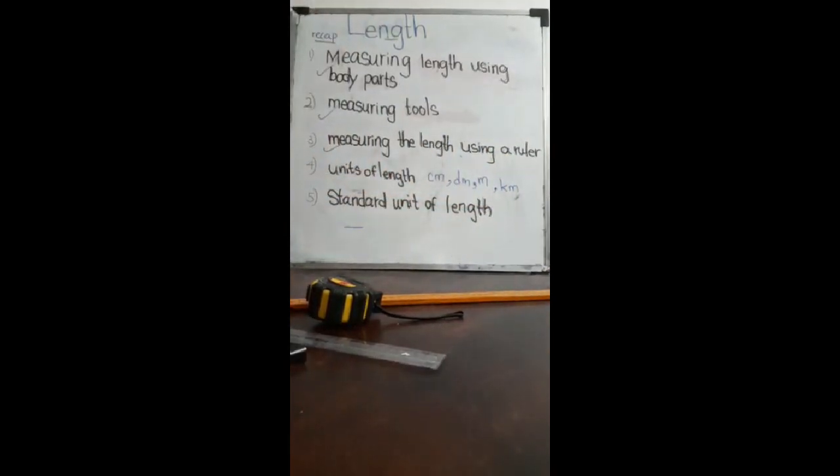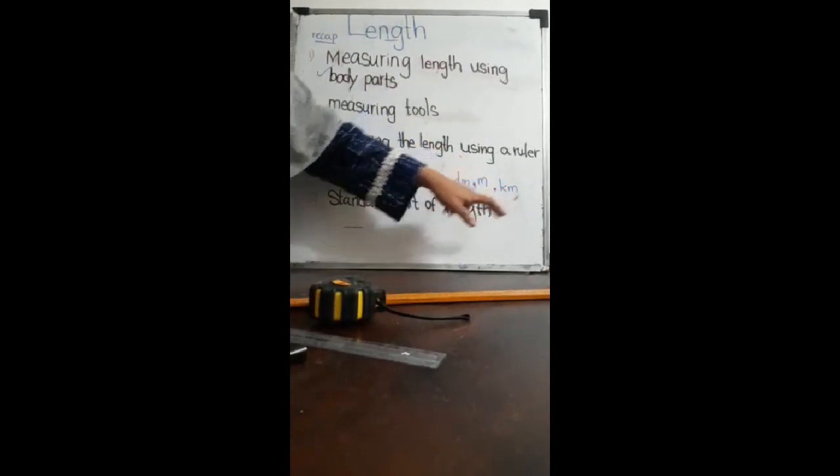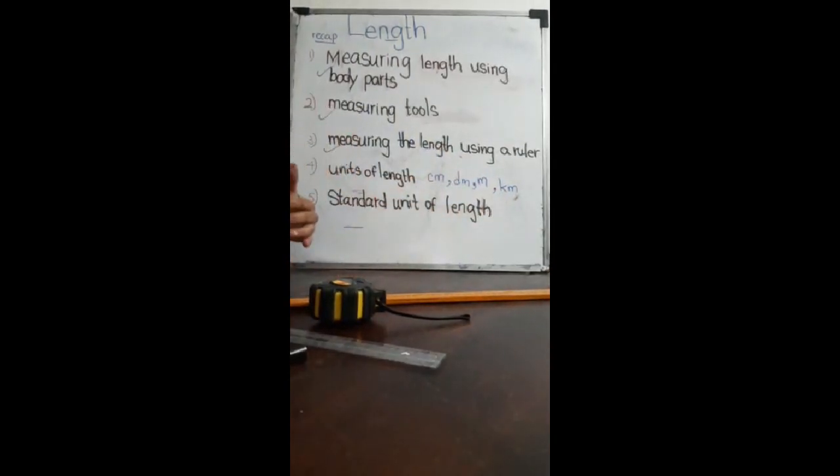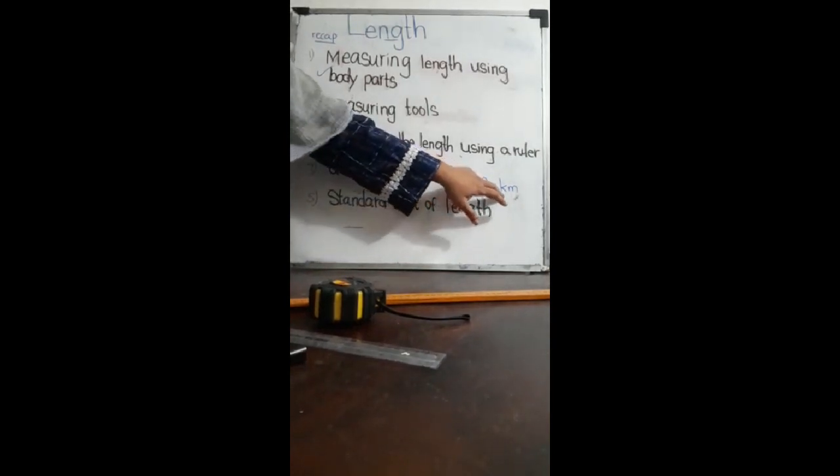Now, let's write km. Kilometer. Have you heard this km? When you go from one place to another place, this unit is used to measure the distance, that means from one city to another city. So, centimeter, decimeter, meter and kilometer.